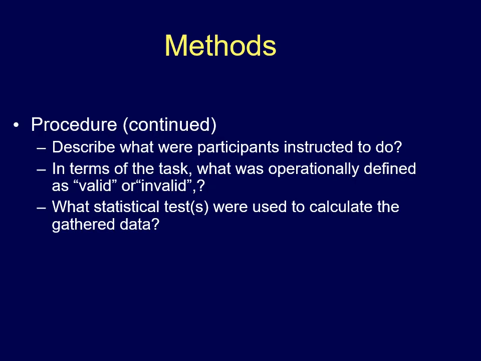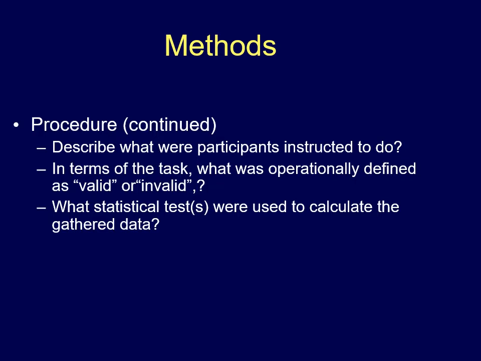So what were the participants instructed to do? You were instructed to hit A if the target appears on the left, and hit L if the target appears on the right. And in terms of the task, what was operationally defined as valid or invalid? A valid trial is operationally defined as the queue and the target appearing on the same side.